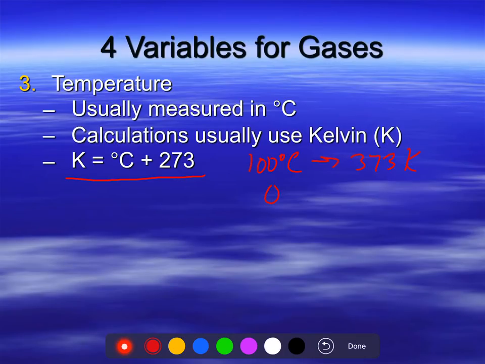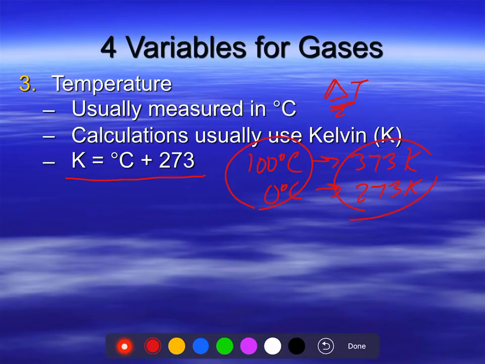And if you had something at 0 degrees Celsius, then it would be 273 Kelvin. Well, because we were solving for the change in temperature, the difference between our final and initial there is 100. Well, in Kelvin, the change in temperature is still 100, so it didn't matter.